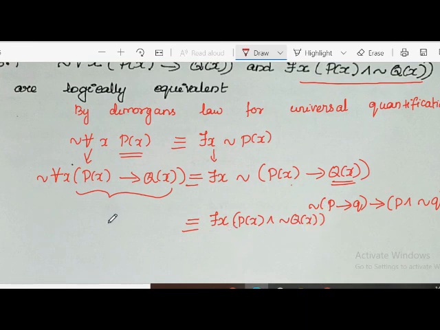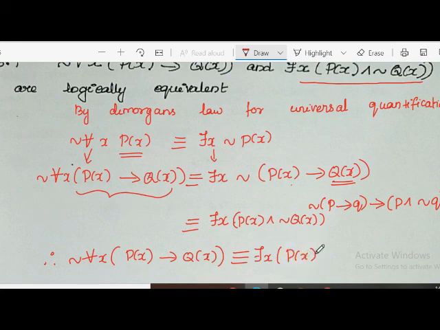So from this you can say that the first statement, therefore you can say negation for all x, p of x implies q of x is equivalent to there exists x, p of x conjunction negation q of x.